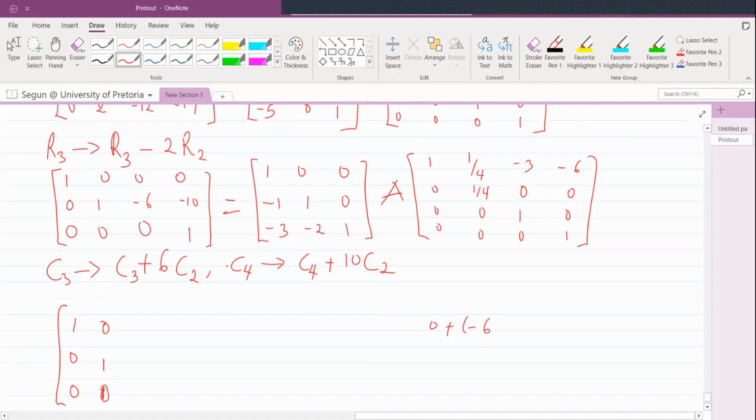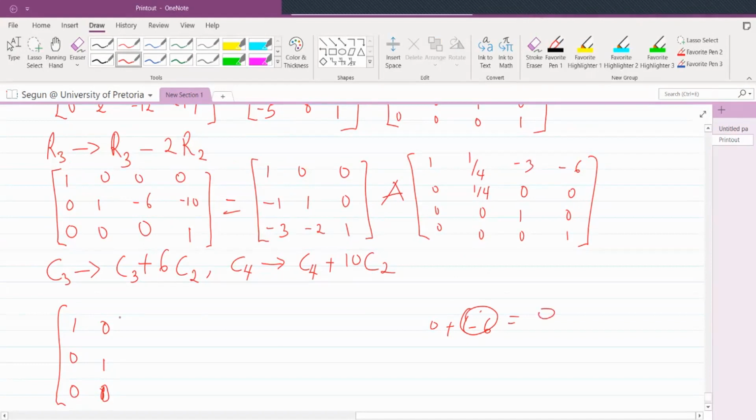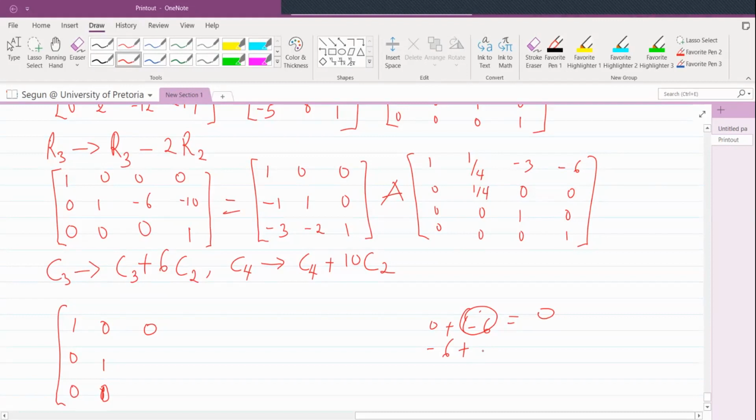So C3 is 0 in this case. Let's do the second one. We have minus 6 plus C2, which is what?